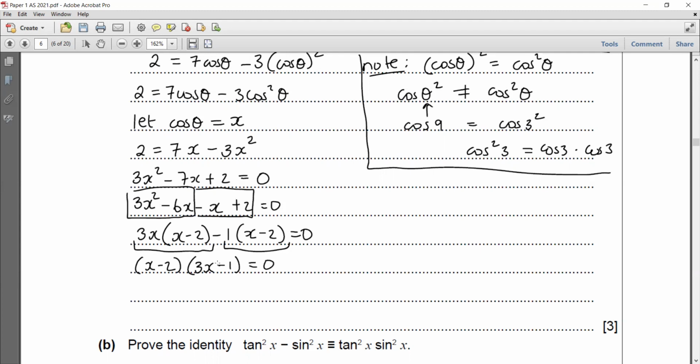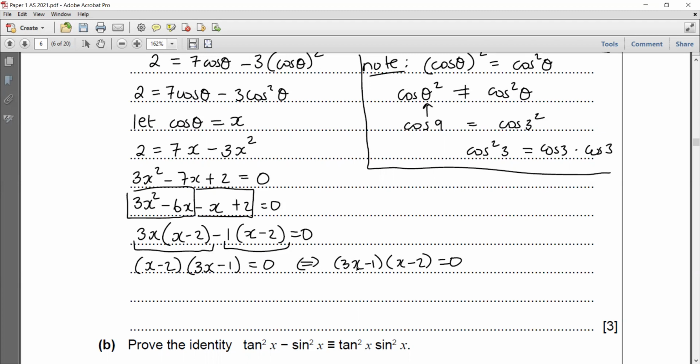This is 0. And of course, the order that you write these brackets in does not matter. This is exactly the same as 3x minus 1 multiplied by x minus 2. They are exactly the same, just like 2 times 3 is the same as 3 times 2.